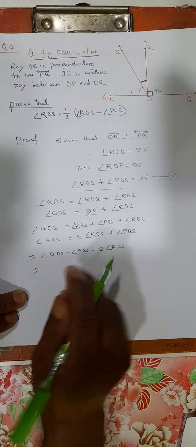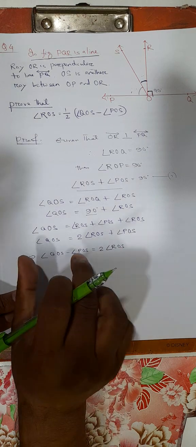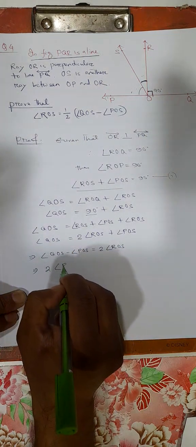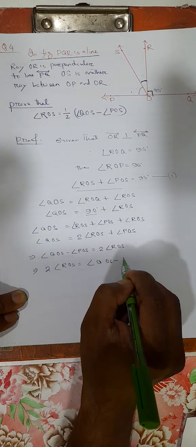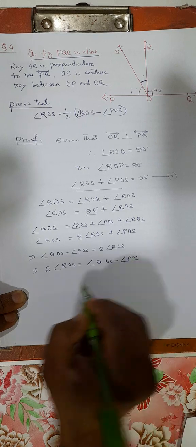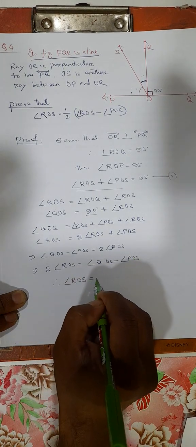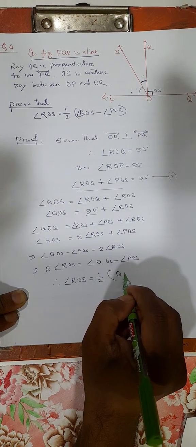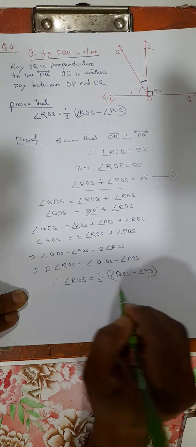Now interchanging the sides, we will write this to the left hand side and this to the right hand side. Twice of angle ROS equal to angle QOS minus angle POS. Therefore, angle ROS equal to half of angle QOS minus angle POS.